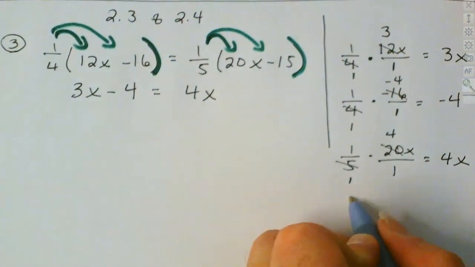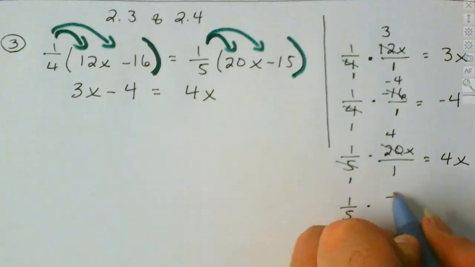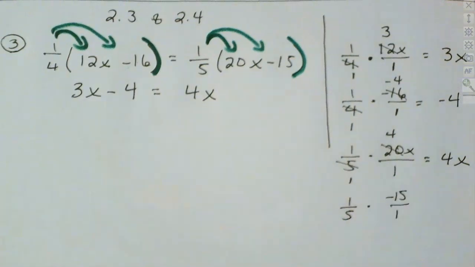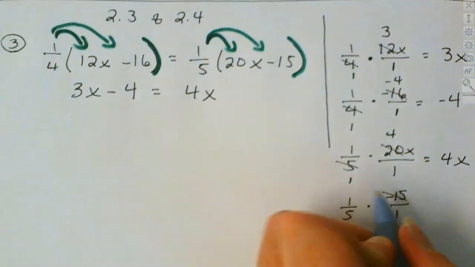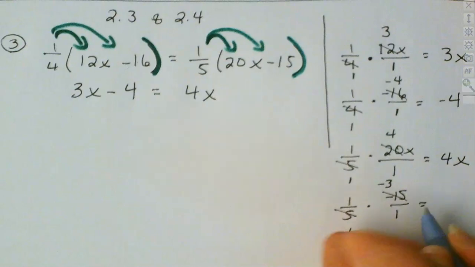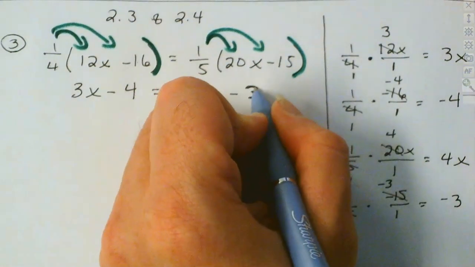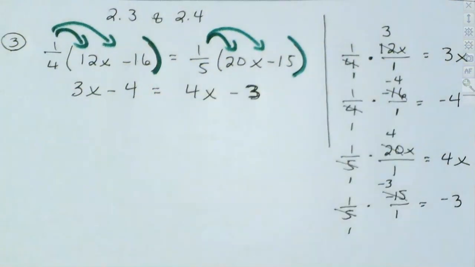Next, 1/5 times that negative 15 over 1. Those cancel. That leaves you with a negative 3 and a 1. So that comes out to be a negative 3, doesn't it? Is everyone okay with what I did? Parentheses have to be dealt with first. So they're done.